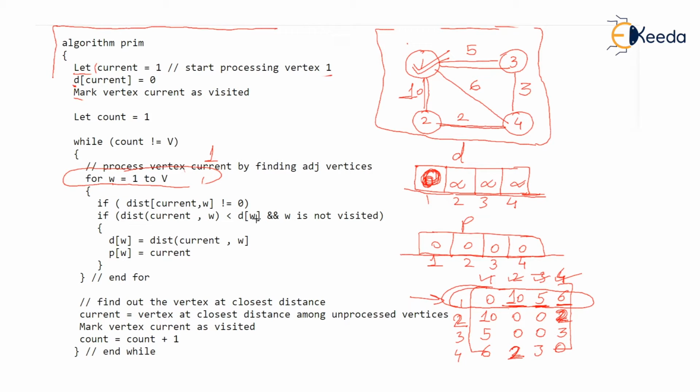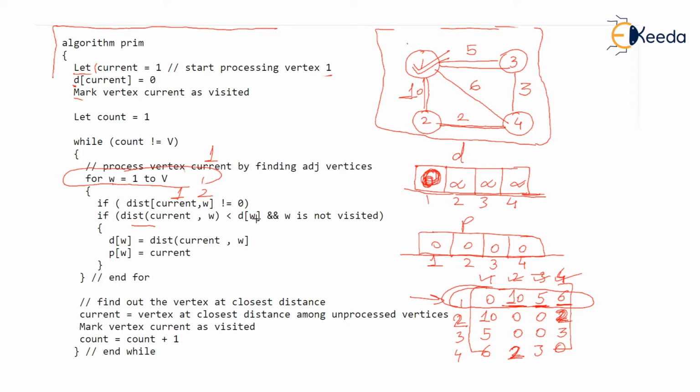That means current has a neighbor called W because the distance is not 0. It is positive, isn't it? So when will this condition become true in this for loop? First time it will become true for 1, 2. When W is 2, 1 to 2 is not 0. Okay. So now once you know that 1 has a neighbor called 2, you then check the next condition.